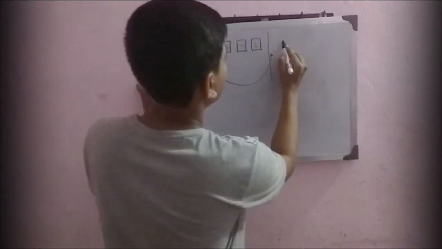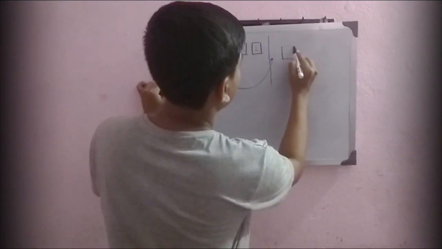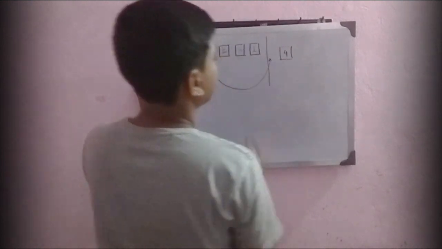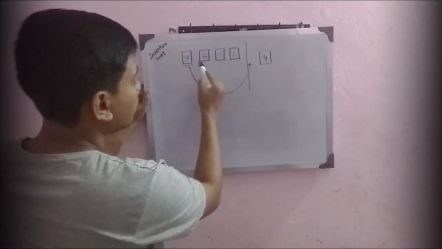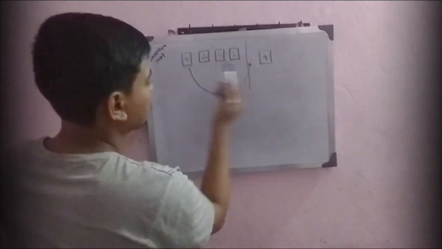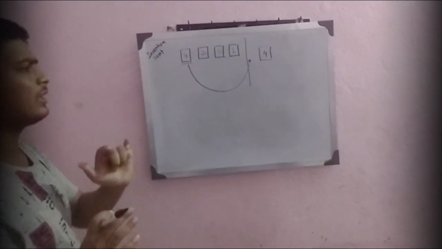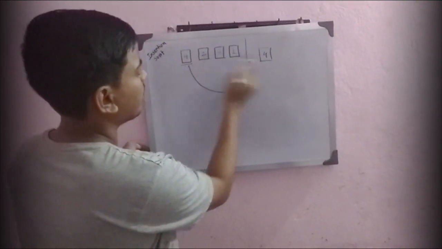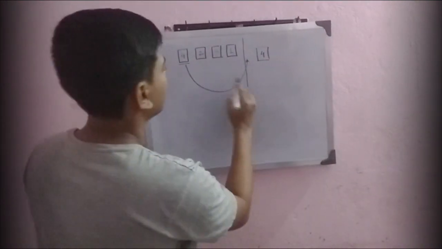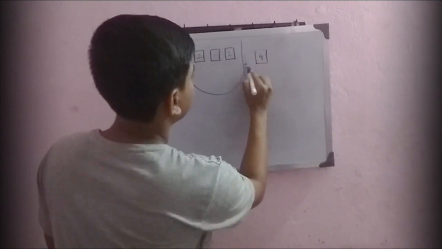So the single element is 4. And in the next iteration, when we move the second element, we have to do only comparison. So when we move the second element, 2 is less than 4, so we place 2 here.